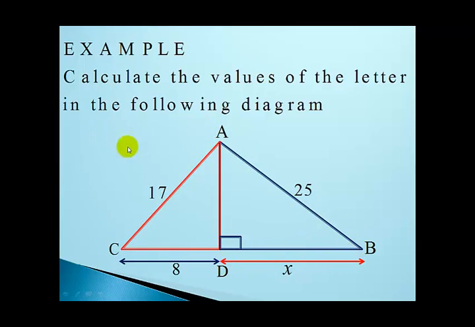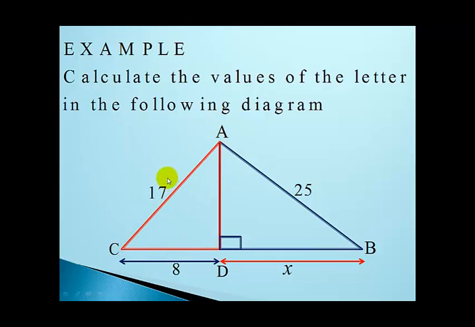Now, when you consider the first right angle triangle, ADC, you can see that we are given two sides, that is 17 and 8. Therefore, we can find the side AD. Because we have our 90 degrees angle here, we can see that the side AC is the longest side of the right angle triangle ADC.